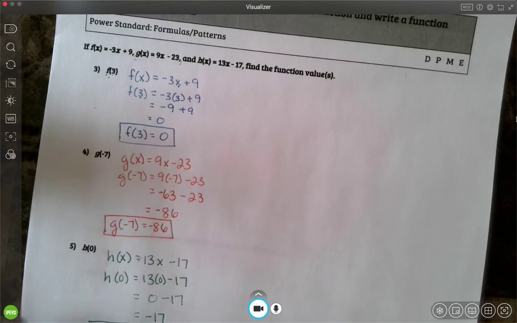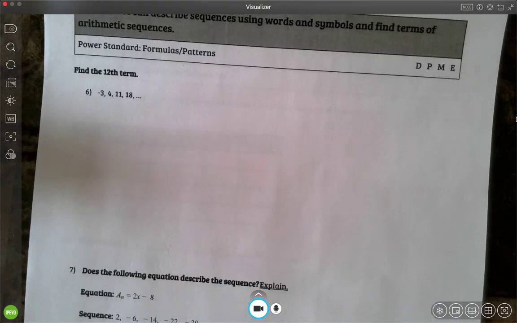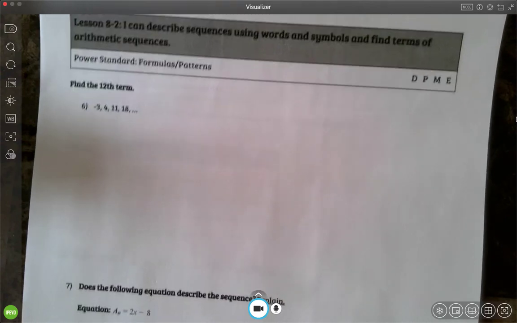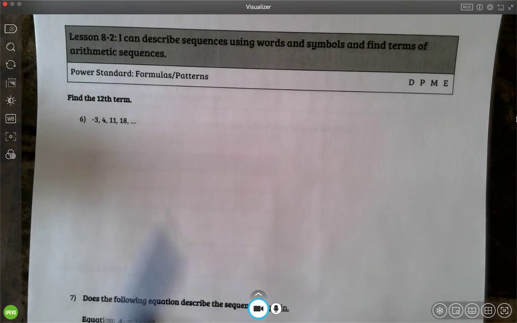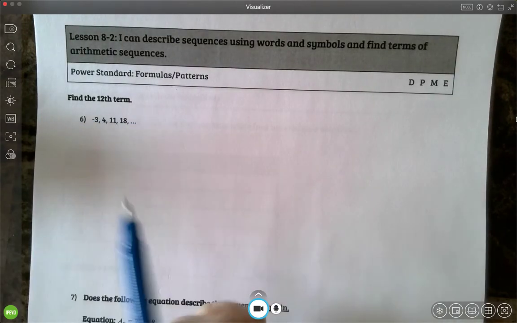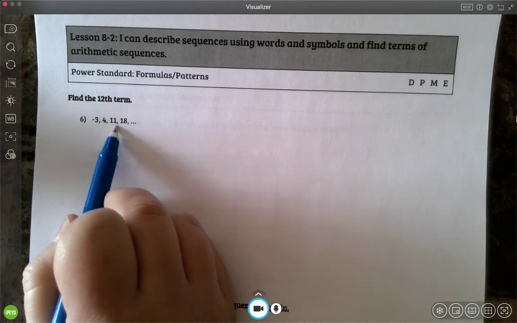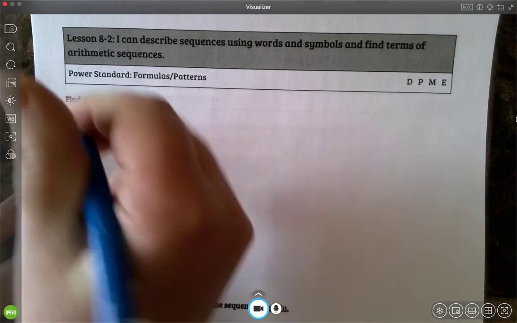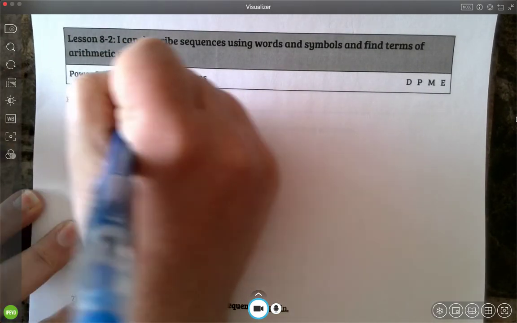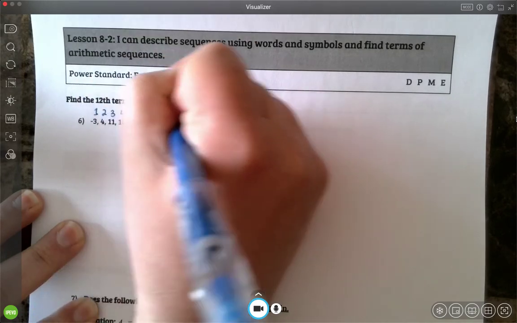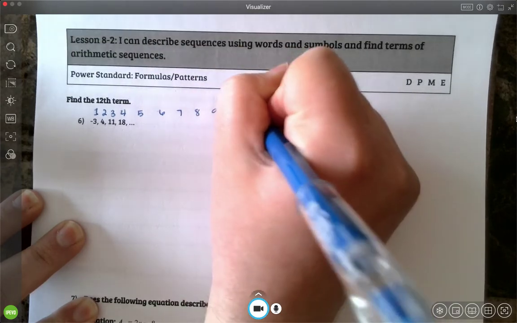Okay. Then let's look at lesson 8.2. So lesson 8.2, I can describe sequences using words and symbols and find terms of arithmetic sequences. If I want to find the 12th term, let's say I start with negative 3, 4, 11, 18. Okay, so this is my first term, second term, third, fourth, fifth, sixth, seventh, 8th, 9th, 10th, 11th, and 12th.